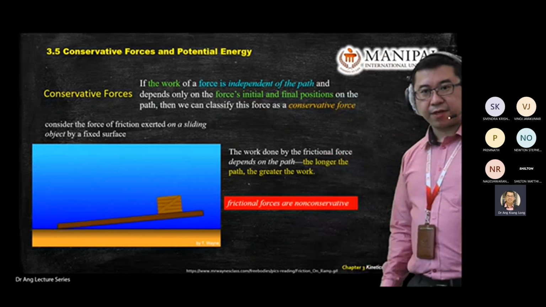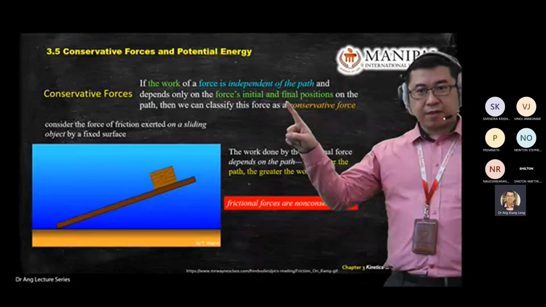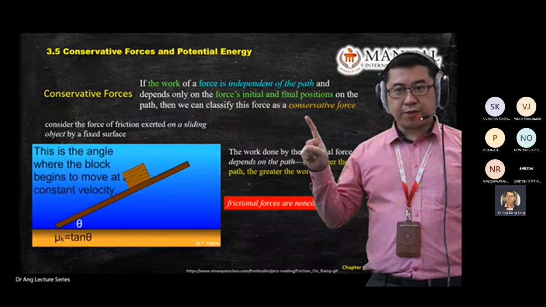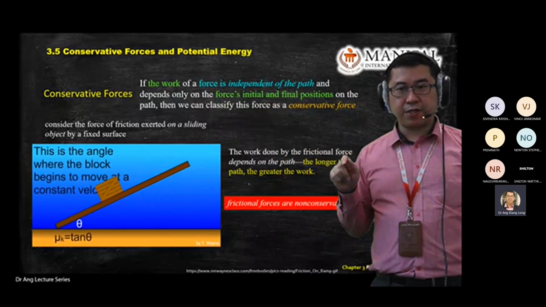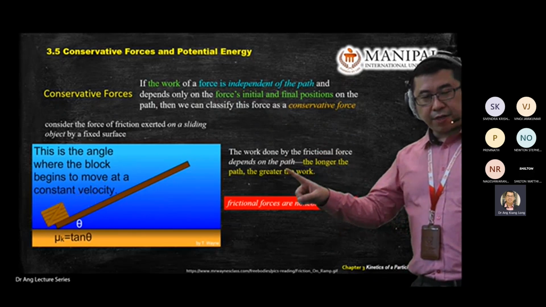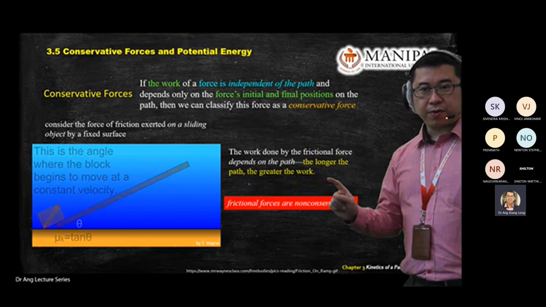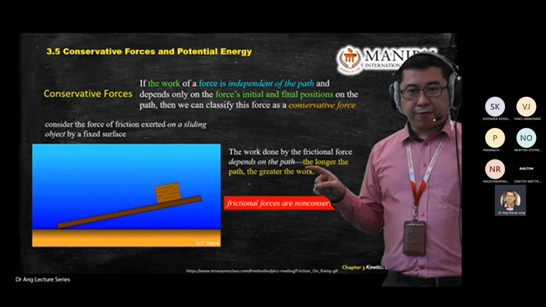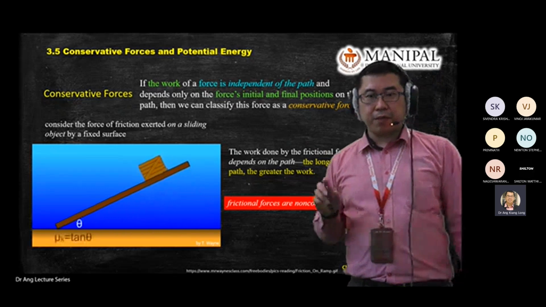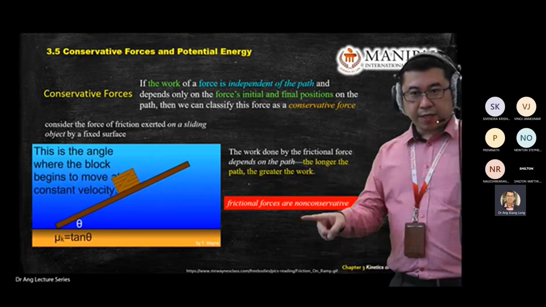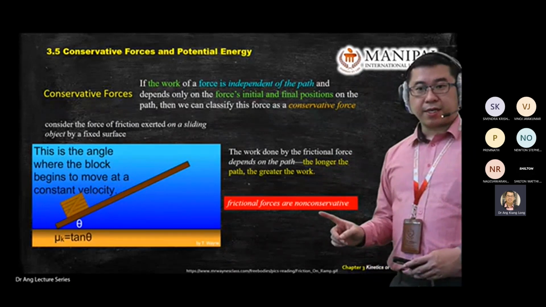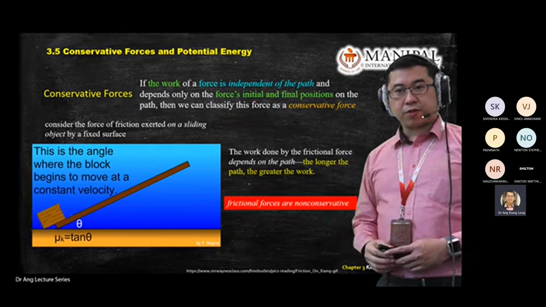This one depends on position and force, so it falls under conservation. But a scenario like friction depends on displacement, right? So that's why we specially highlight the friction force as non-conservative.